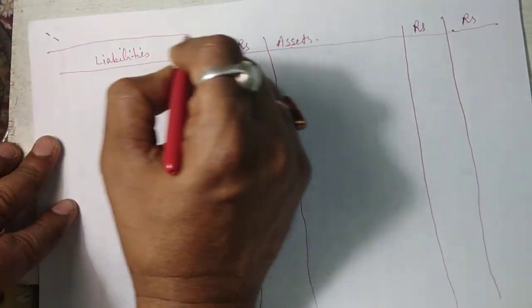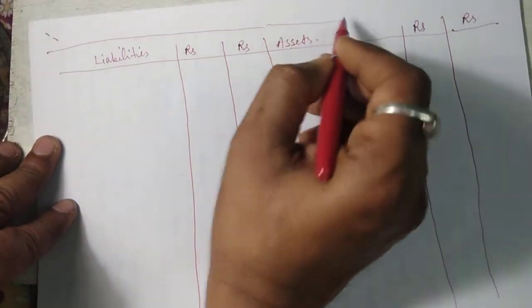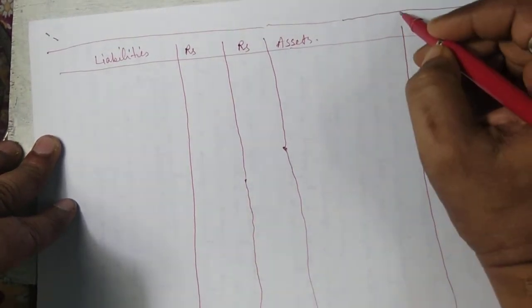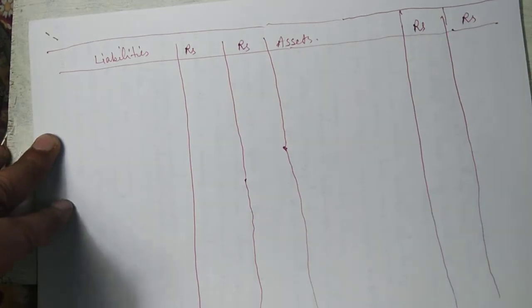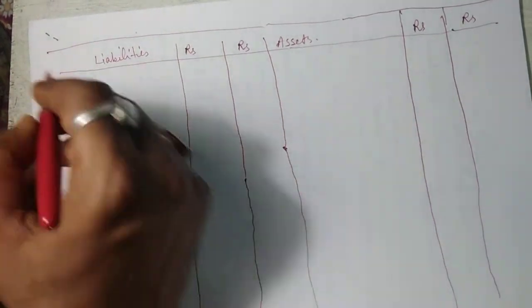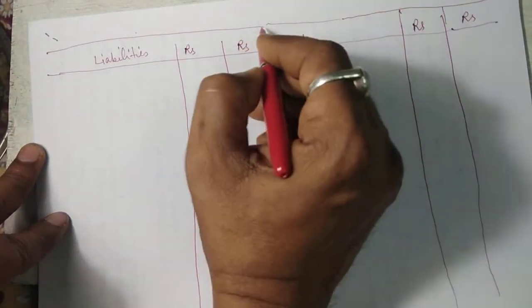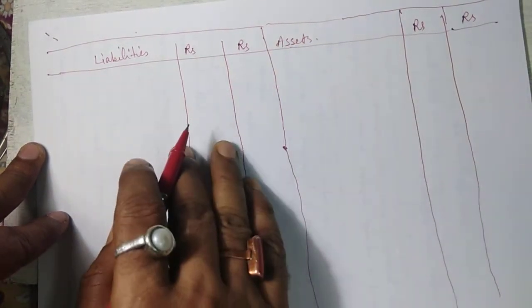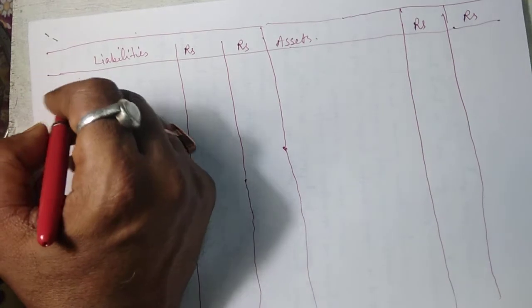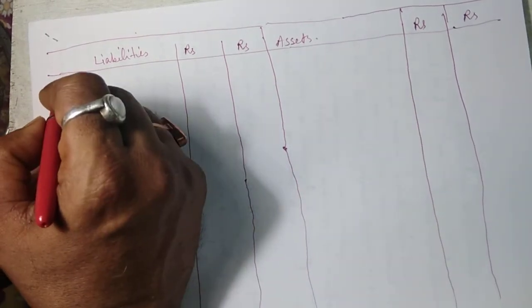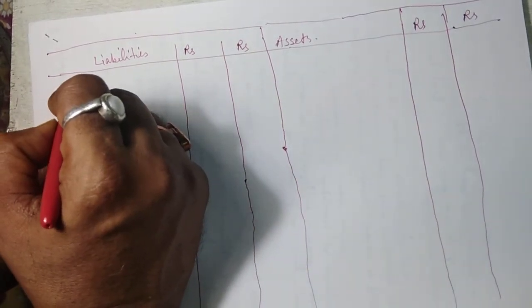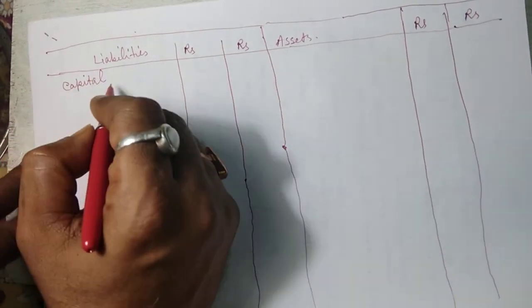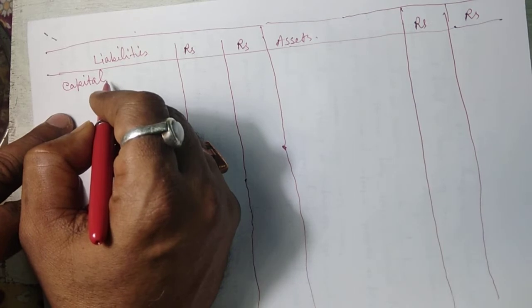So in a balance sheet there are two sides. The left hand side represents liabilities, and the right hand side represents all assets. Now at first, on the liability side there will be capital, that is anything contributed by the owner.